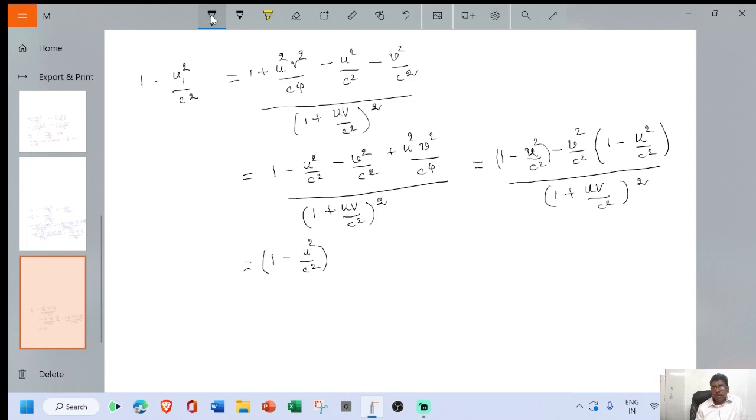We have taken out this term outside. 1 minus v square by c square, whole divided by (1 plus uv by c square) whole square. This is the value of 1 minus u1 square by c square.